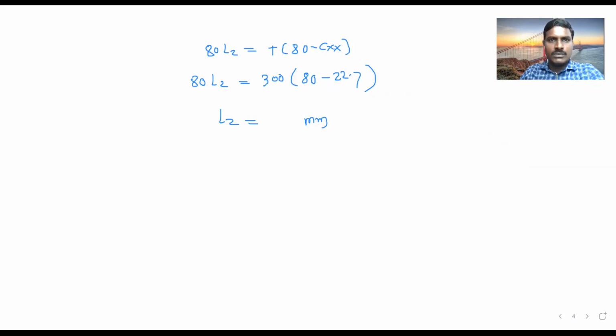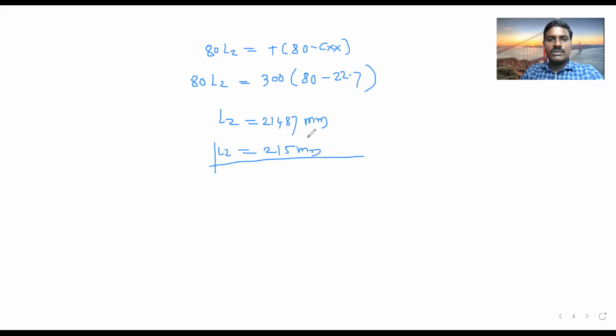214.87 is L2. Okay, so we can assume L2 is equal to 215 mm.